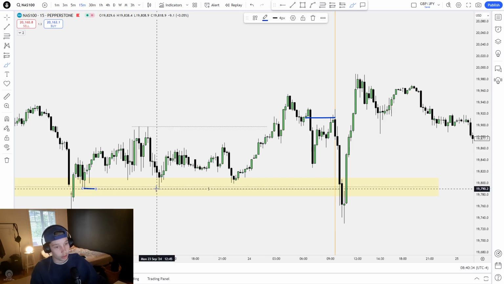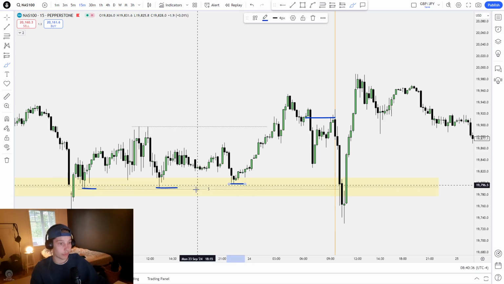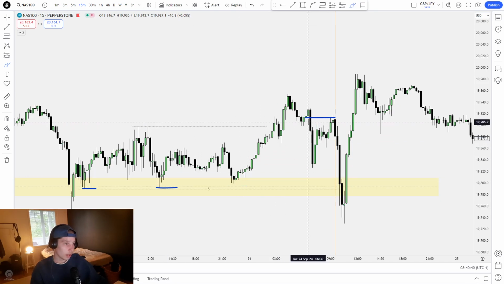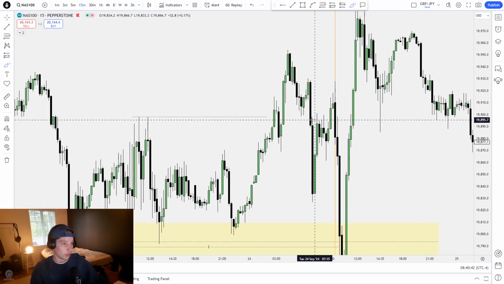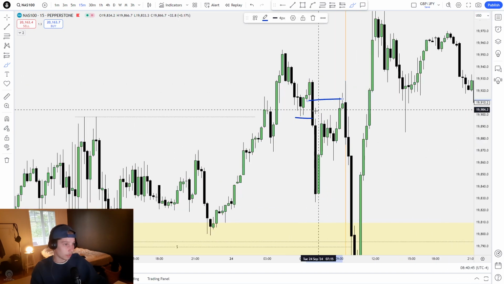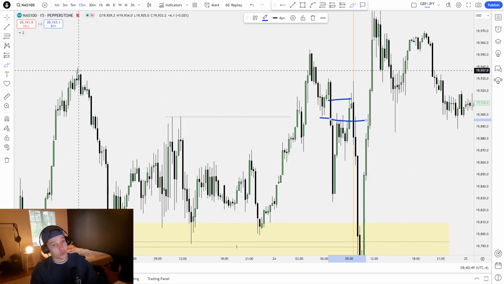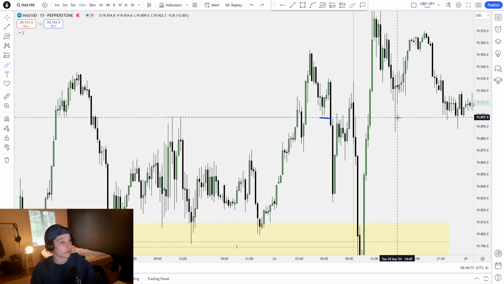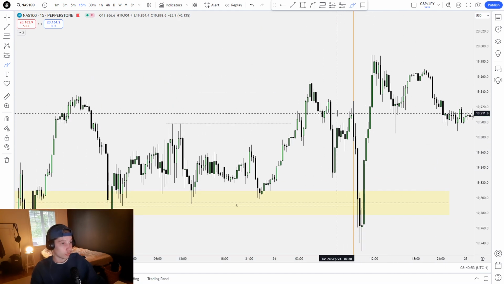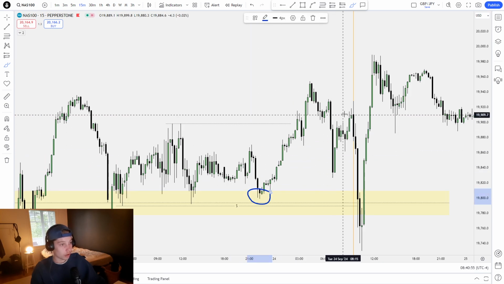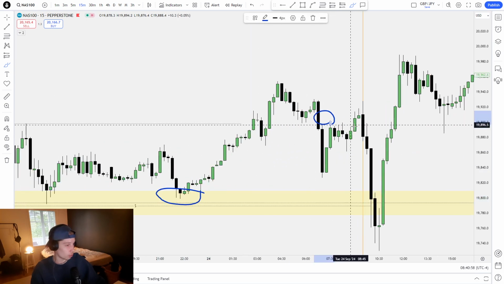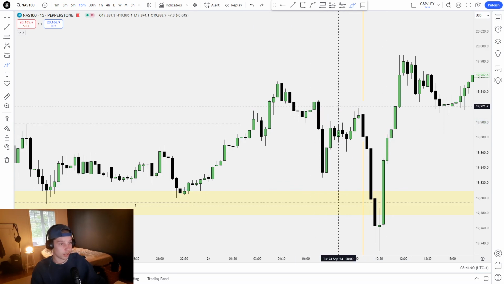There are 1, 2, 3 times relative equal lows in my opinion here, and after price displaces through this low, gives this fair value gap, and we also swept this high, we have a lot of confluence to run these lows, especially if this fair value gap holds, which it ended up holding.